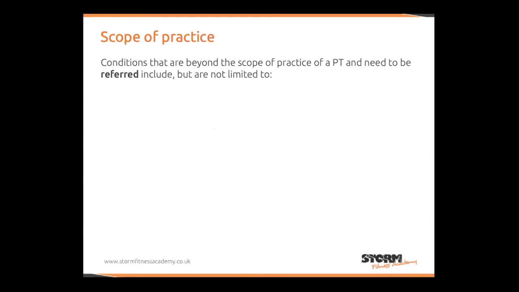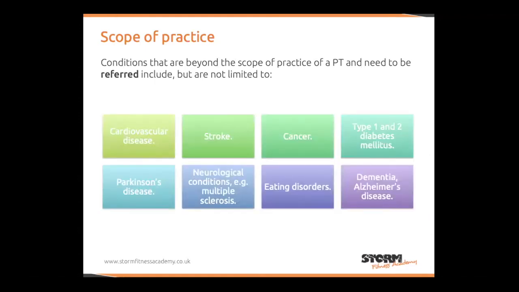So here are some examples. Anyone with cardiovascular disease, perhaps they've suffered a stroke in the past, they might have cancer or have had cancer, type 1 or type 2 diabetes, Parkinson's disease, neurological conditions such as multiple sclerosis, if they've got an eating disorder, or if they're suffering dementia or Alzheimer's.